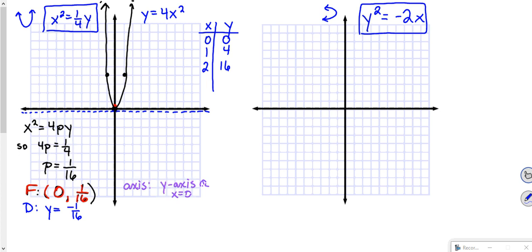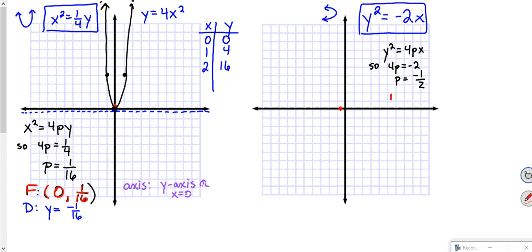Now, we need to solve and get our p. So remember, our basic equation is y squared equals 4px. So that means that 4p equals negative 2. So p is negative 1/2. Now, what that means is that is going to be my focus.